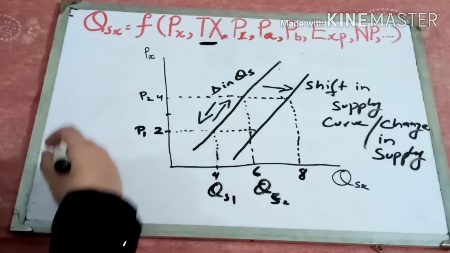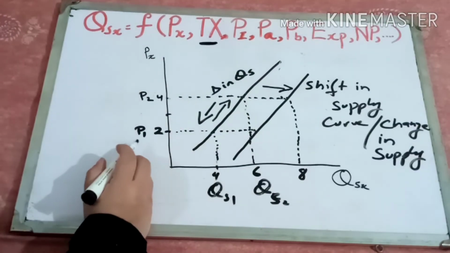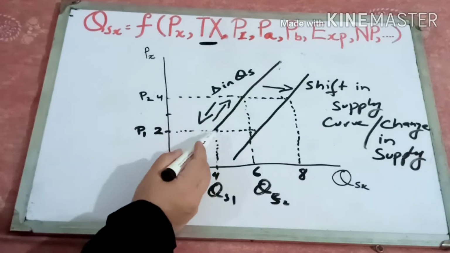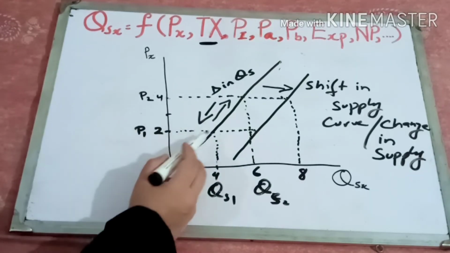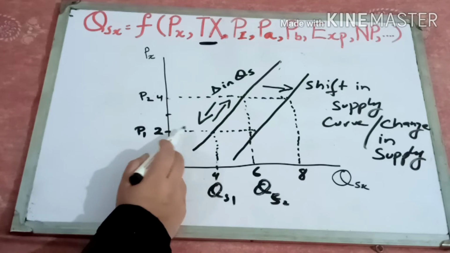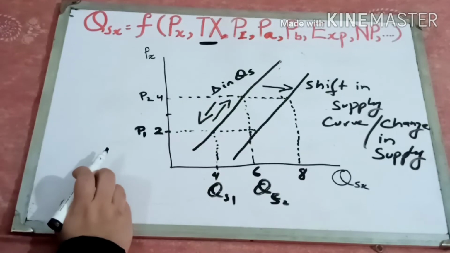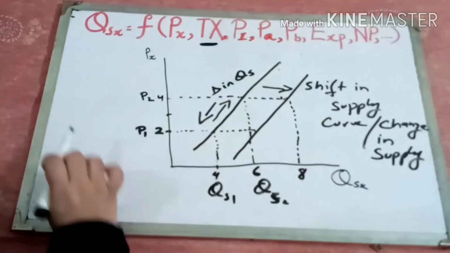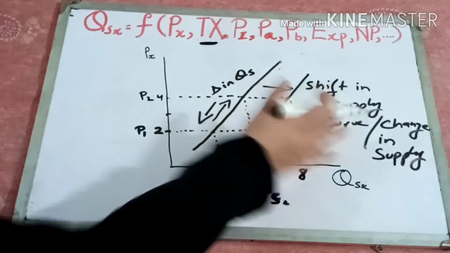Or if there is any kind of change which is not feasible or viable for them, there would be an inward shift, which means now they would be willing to supply less of the product, which would again be the same thing, that is the shift in the supply curve. Either it is outward or it is inward.